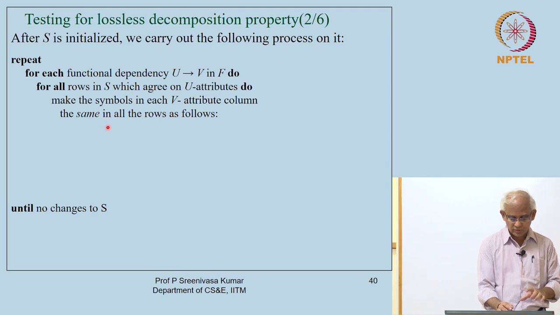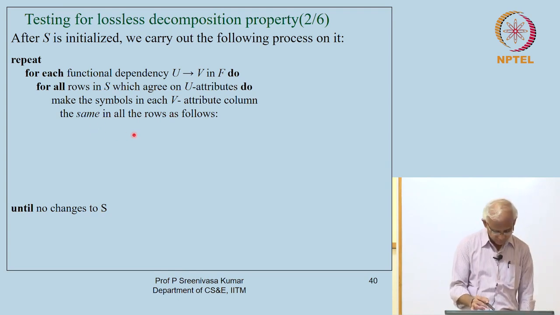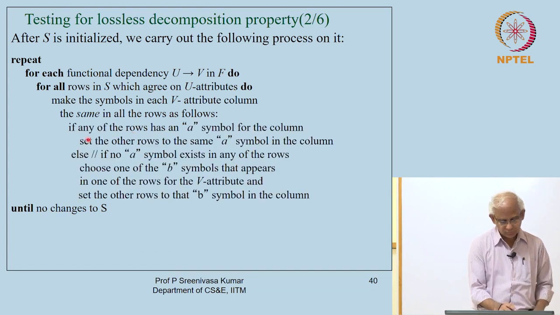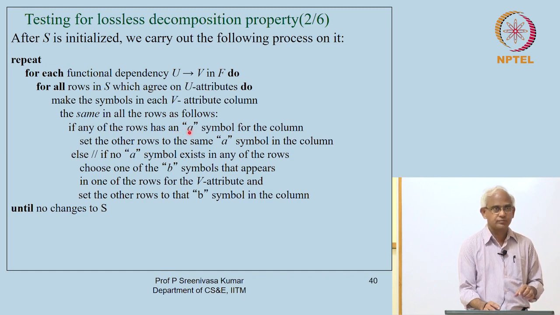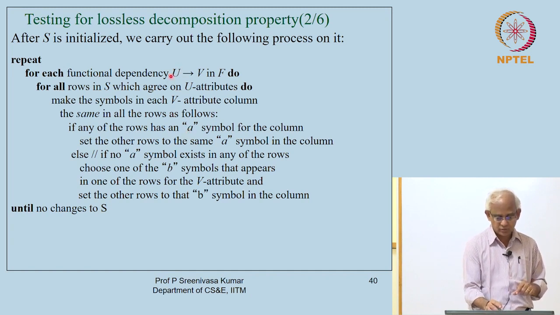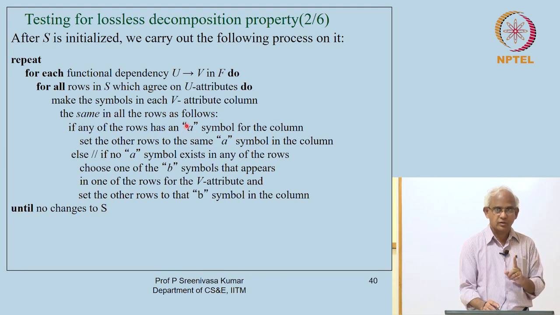So let me elaborate on how exactly we will do that. There is a method of doing that. What are these rows? These rows are the ones that have the same values for the U attributes. Now we are focusing on one particular V attribute, the right hand side attribute.